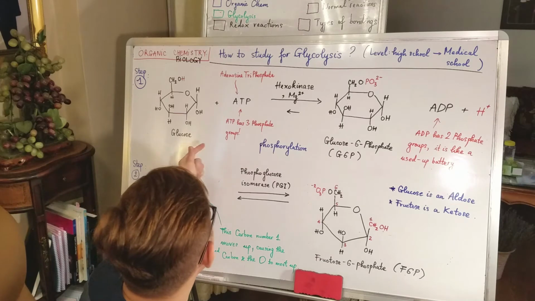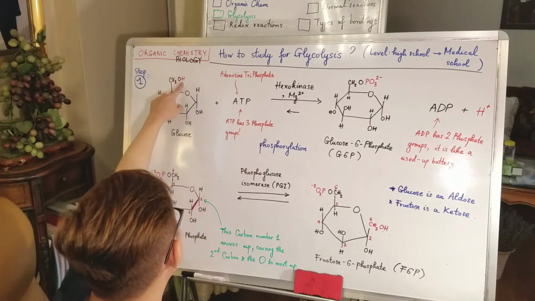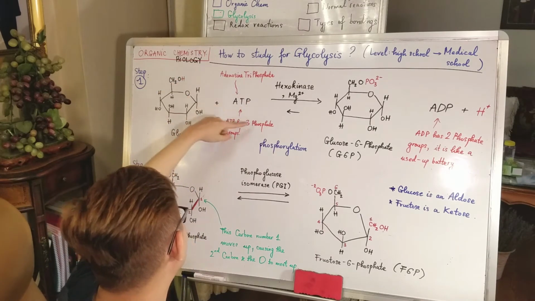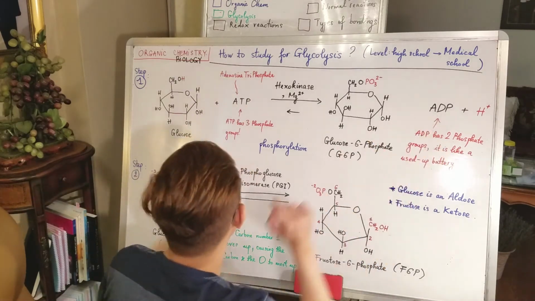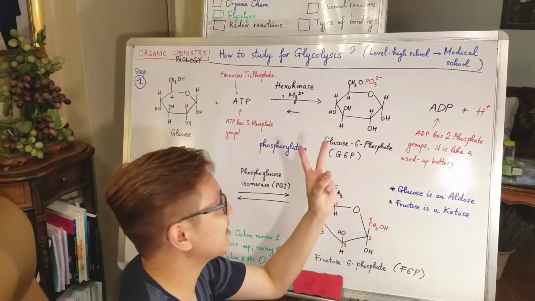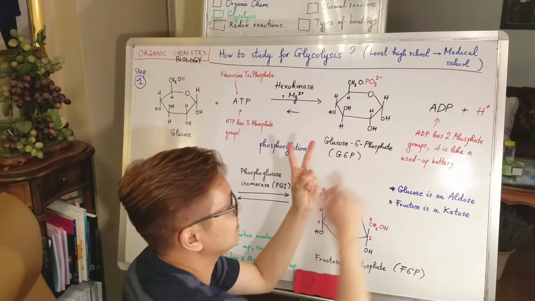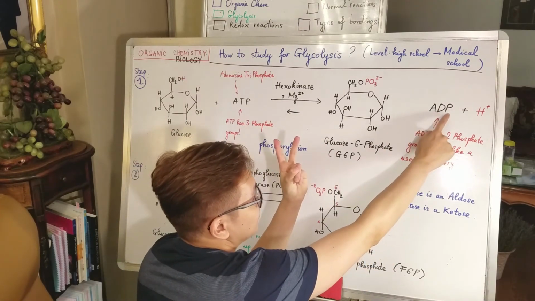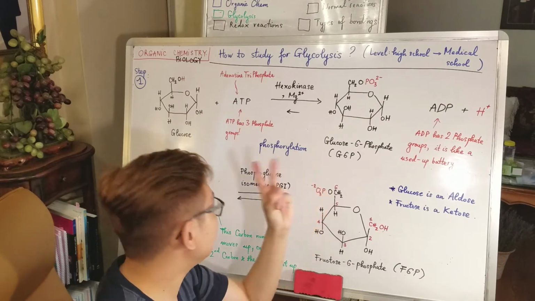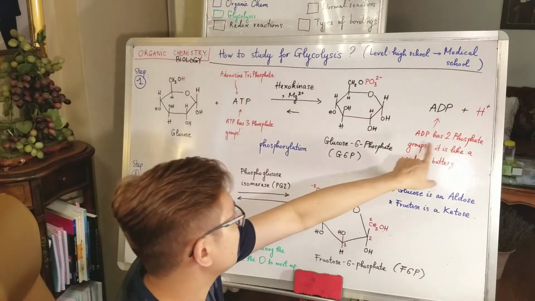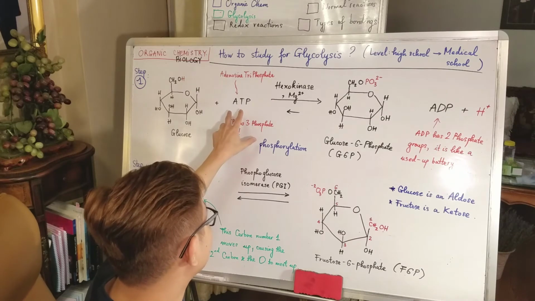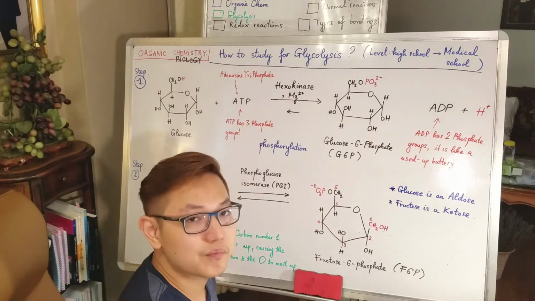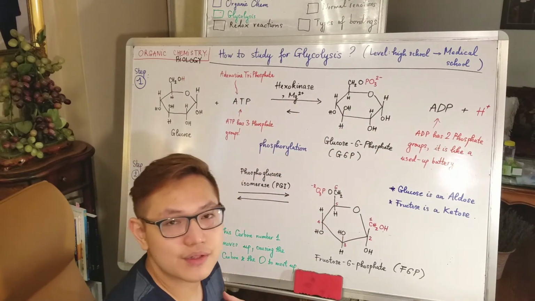And when it gives up one phosphate group, it becomes adenosine diphosphate. So it loses one phosphate, becoming diphosphate. There you go. So when ATP loses a phosphate group, it becomes ADP, which is like a used up battery.